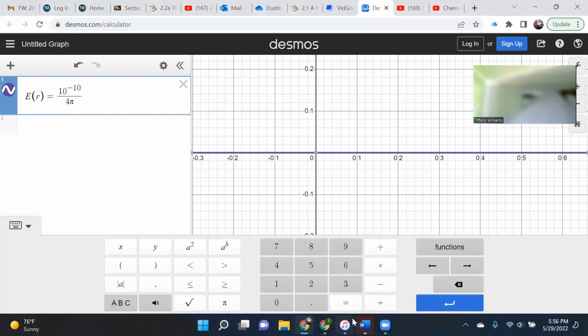E of 0. Where are you at? E of 0. E represents the magnitude, Q is the charge of the particle, R is the distance between the particle.